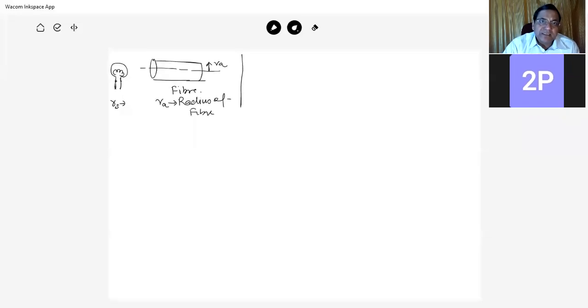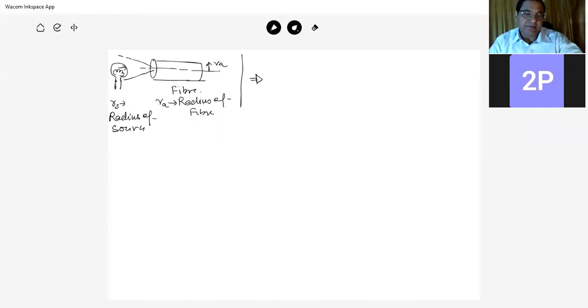And this is the radius of source. Now, the acceptance angle is something like this. How much it is incident? So, for the measurement, we can draw this diagram, a bigger diagram, something like this.